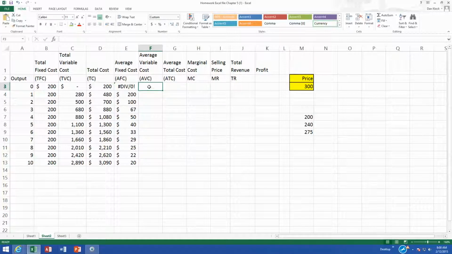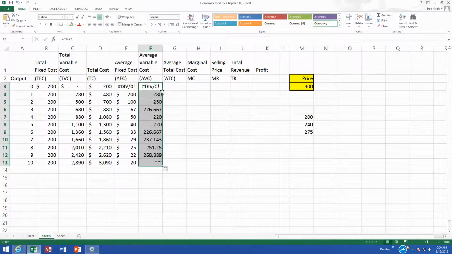So the average variable cost, again, same sort of thing. I'm just going to take my total variable cost, which is 0 for 0 output, divided by 0, which is again going to give me another divide by 0 error. But then I'm just going to throw it down. And then why did it not do my dollar signs? Did I do that wrong?